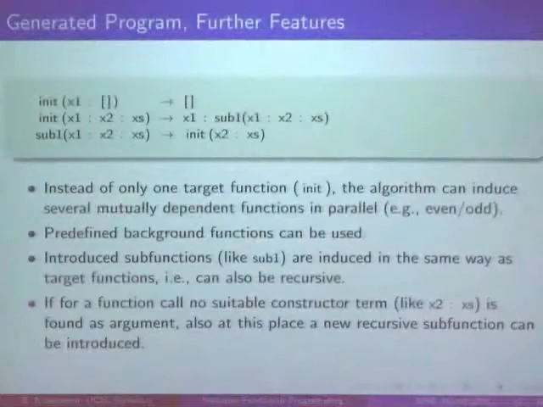And induced subfunctions like the sub1 here may again be recursive. And that was the problem you mentioned. If for a function call a new suitable constructor term is found, then we can also here invent new subfunctions to compute the arguments of the function call.